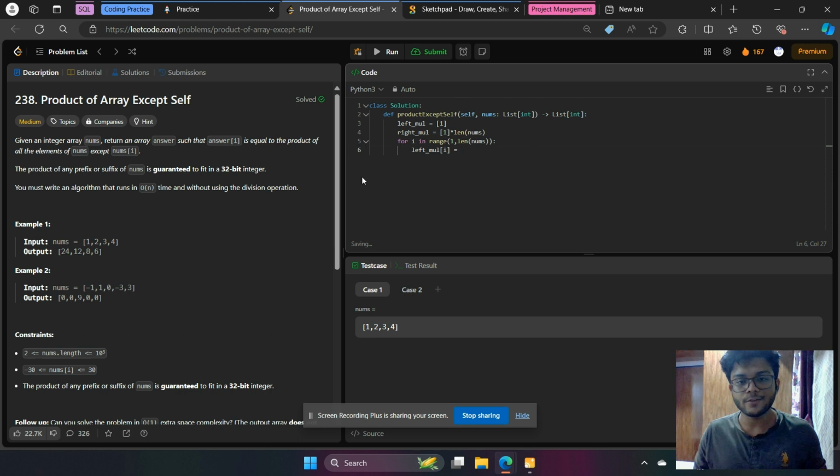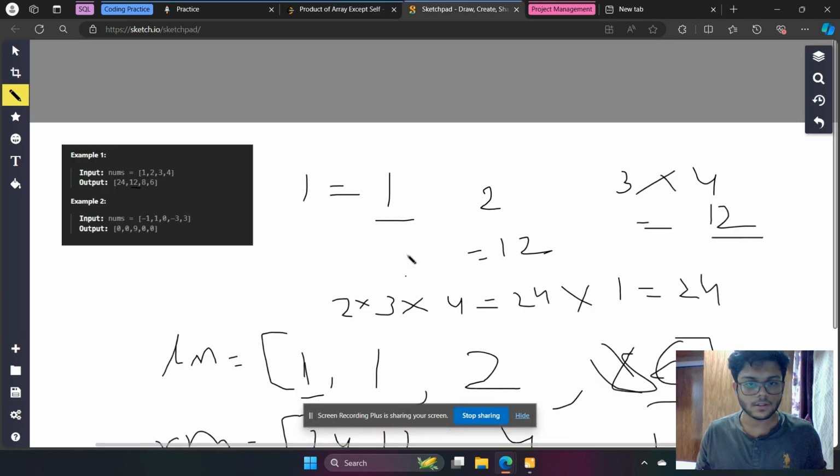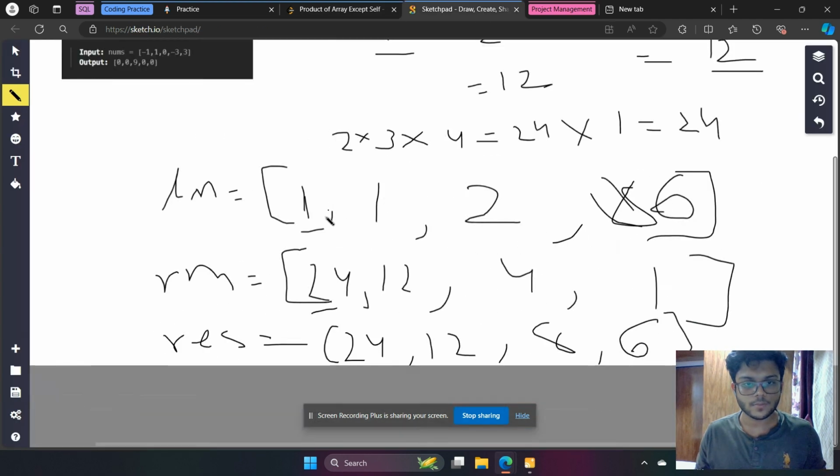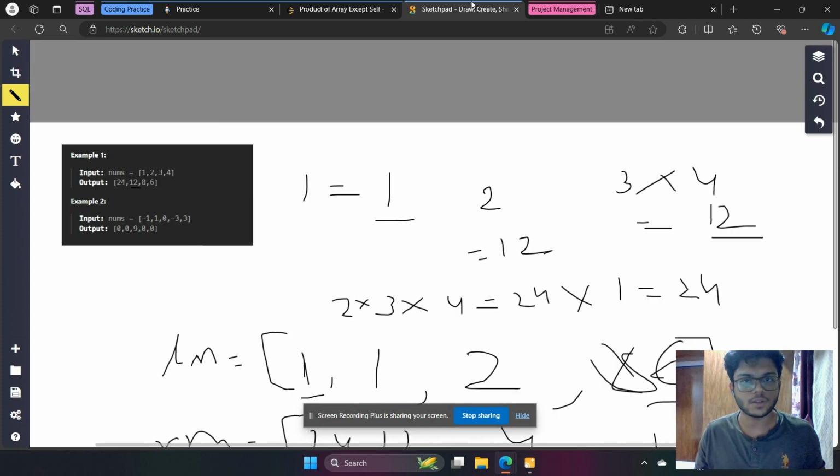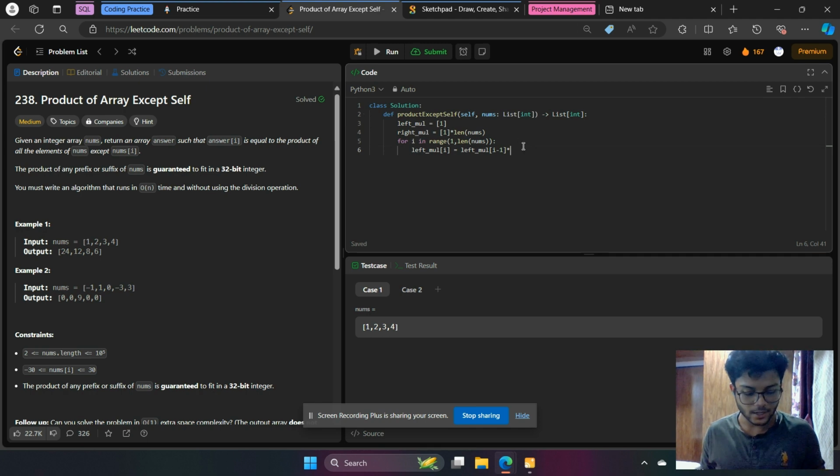I'll multiply the previous value of left mul, left mul of i minus 1, times the previous value of nums, which is nums of i minus 1. This is for the second element, right? So this would fill our left mul array.